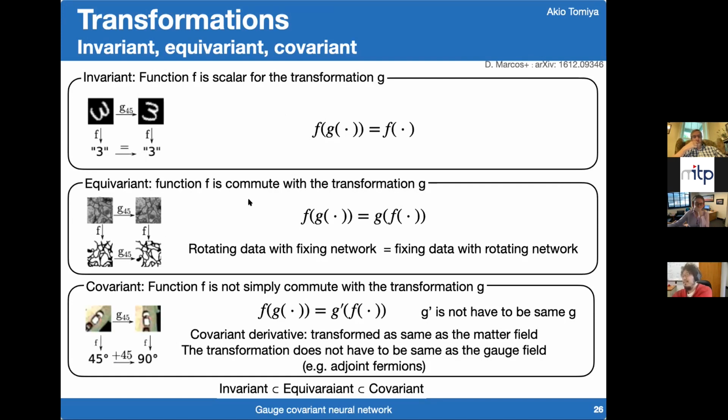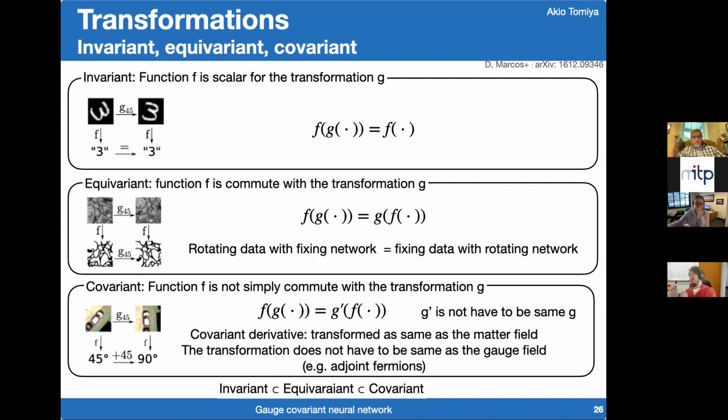And equivariant means, as we have seen, that the transformation g commutes with the function f. And covariant means that this is kind of commuting, but it can be a different transformation from the original g. This is kind of familiar stuff, because in the case of the adjoint fermion, if we apply the gauge transformation, the adjoint fermion receives a different transformation.